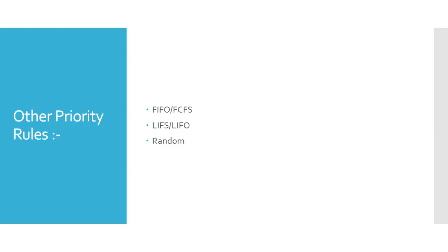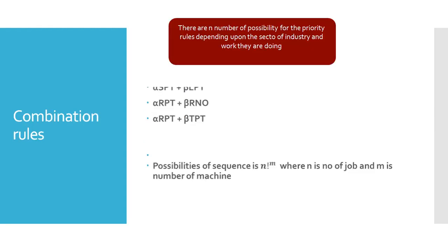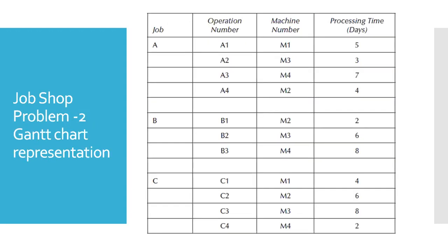These are the priority rules. And there are n possibilities of priority rules, depending upon the sector of the industry, and the possibilities of the sequence in n factorial to the power m, where n is the number of jobs and m is the number of machines.